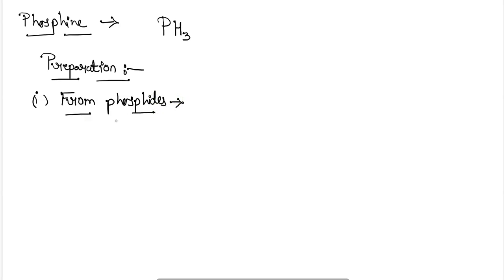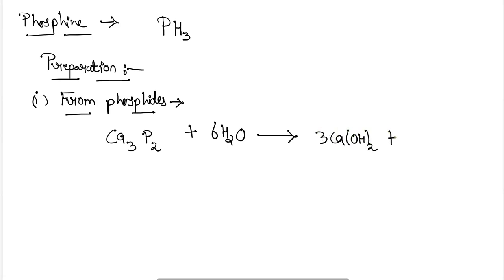From phosphide, by the action of water or dilute mineral acids, we can prepare phosphine from a metallic phosphide. For example, if I am taking calcium phosphide, Ca3P2, and treating it with water, it will produce calcium hydroxide and phosphine gas.